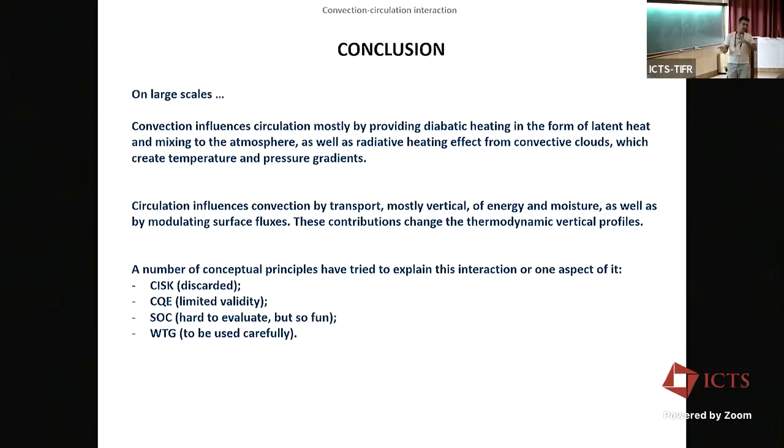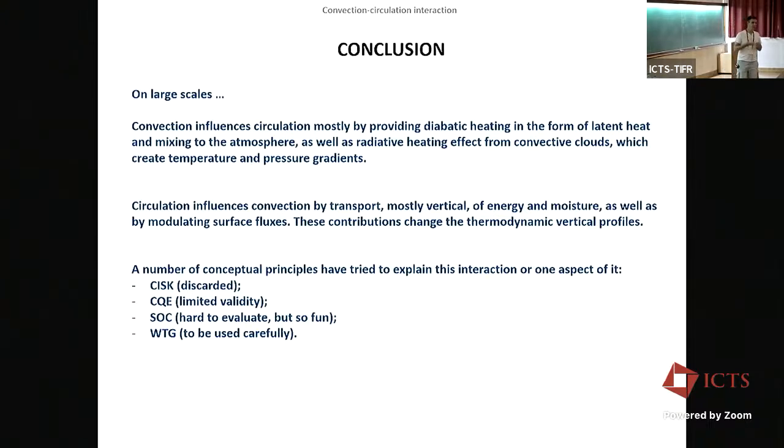When you think about the way around, from convection to dynamics, then you have the convection that acts by diabatic heating onto the dynamics. And the biggest part of that is the latent heating. And when you look at the equations, those two main effects, latent heating and vertical advection, actually are really the two main terms in the budget.